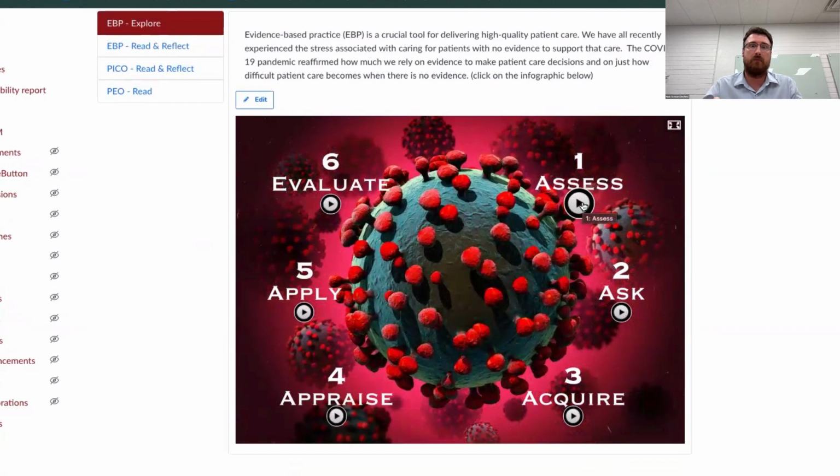It puts in a timeline the phases of evidence-based practice and how medical professionals took information from the COVID-19 pandemic and had to modify, revise, and work through this process until they finally came up with a solution.